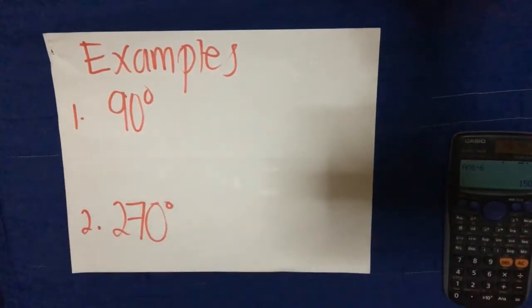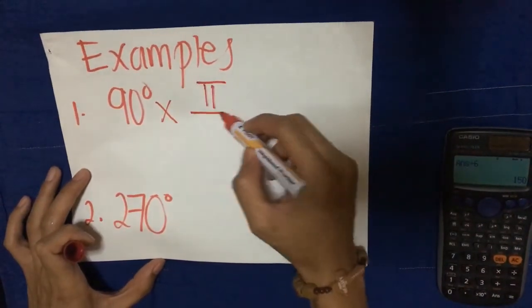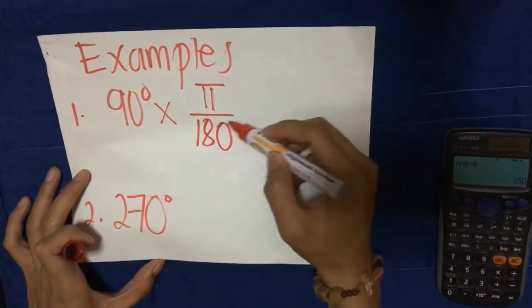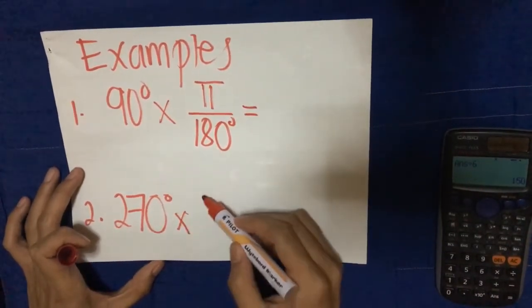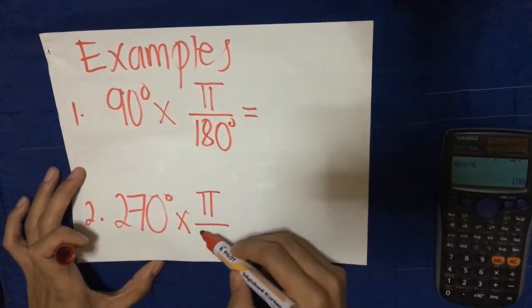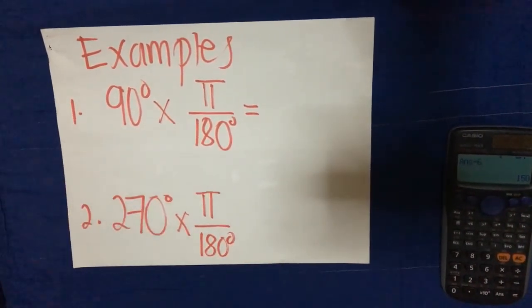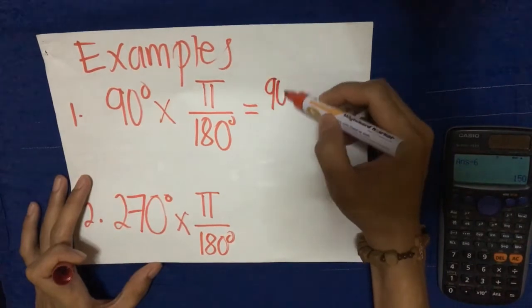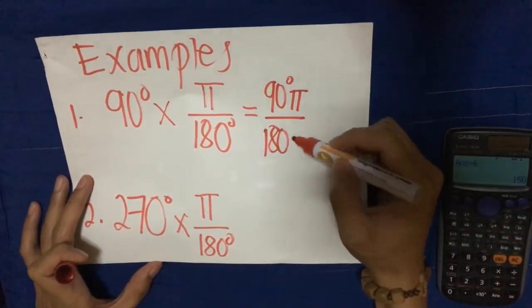So let's convert this one into radians. Multiply this one by pi over 180 degrees. Then you simply simplify, that is 90 degrees pi all over 180 degrees.